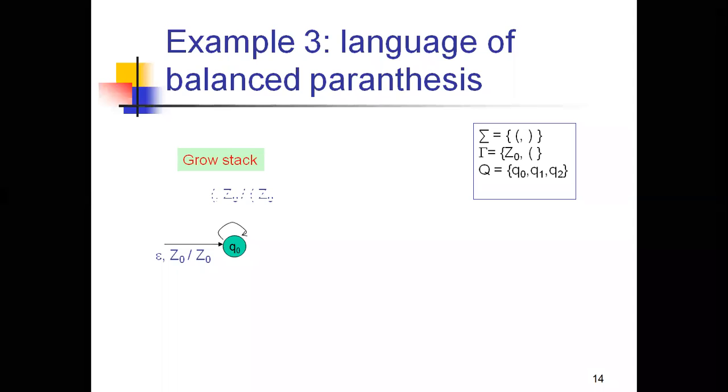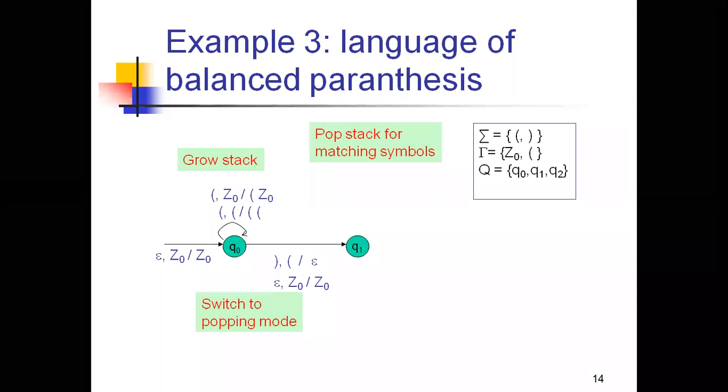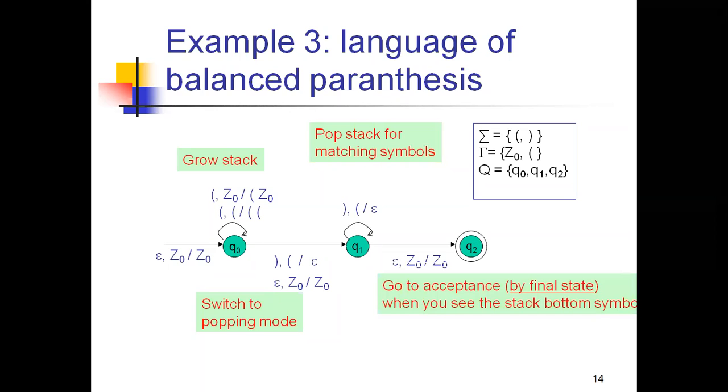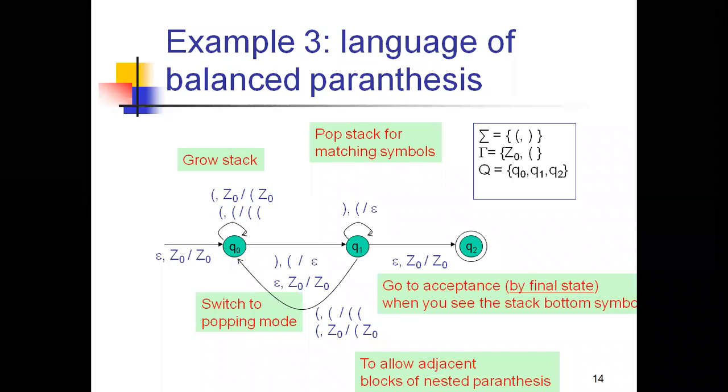See, grow stack again, switching to popping mode and pop stack of matching symbols, and same thing we did here. So we are making the loop transition from Q1 to Q0 also.